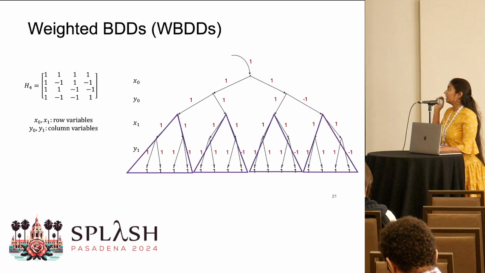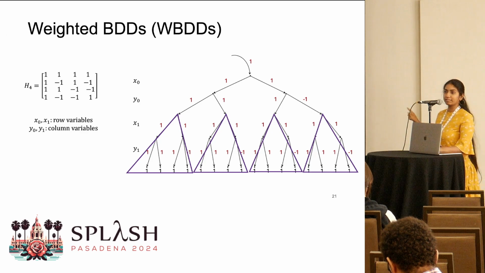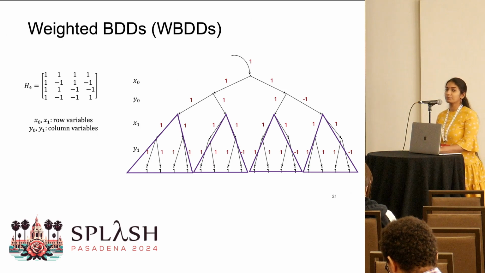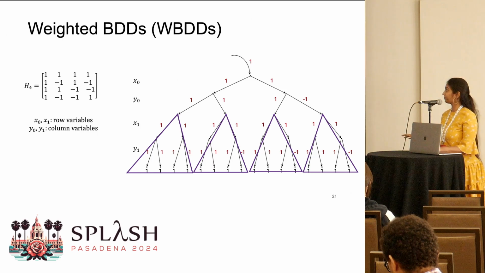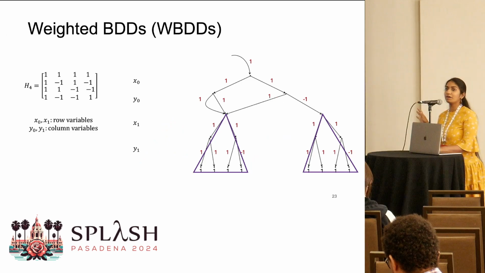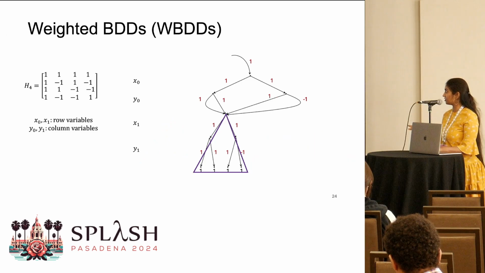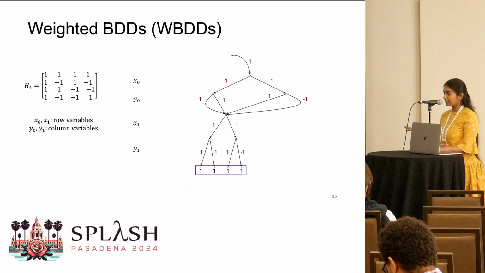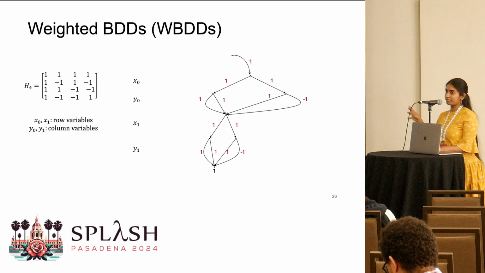Now that we are seeing weighted decision trees, if you notice, these purple highlighted subtrees are all similar, and they can be merged. You do not have to use different representations for the same thing. So you can restructure the edges to have one common subtree representation. You can do this at every level, and thereby you have a much more compressed representation.